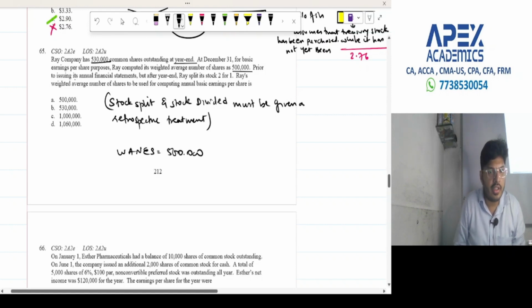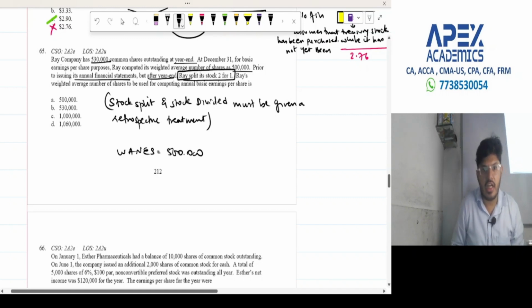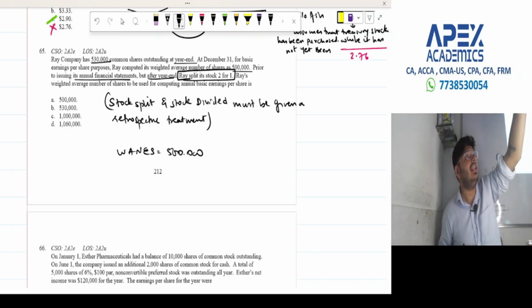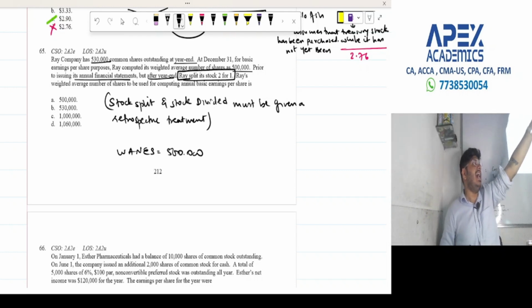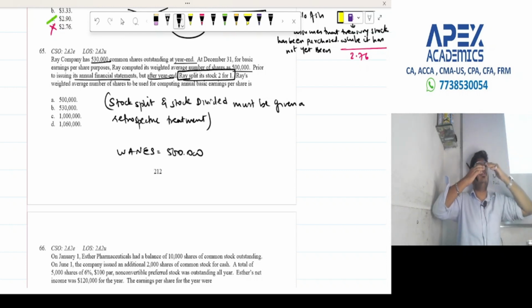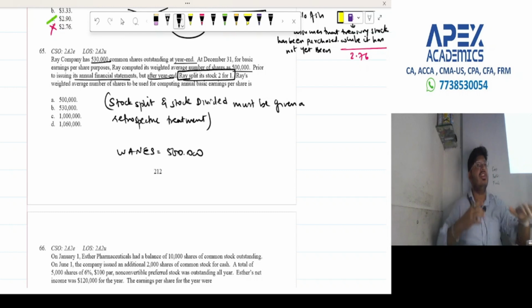So prior to issuing the annual financial statements, but after the year end, the company split its stock 2-for-1. All changes made to financial statements after year end before they have been approved by the board of directors are included in the financial statements.